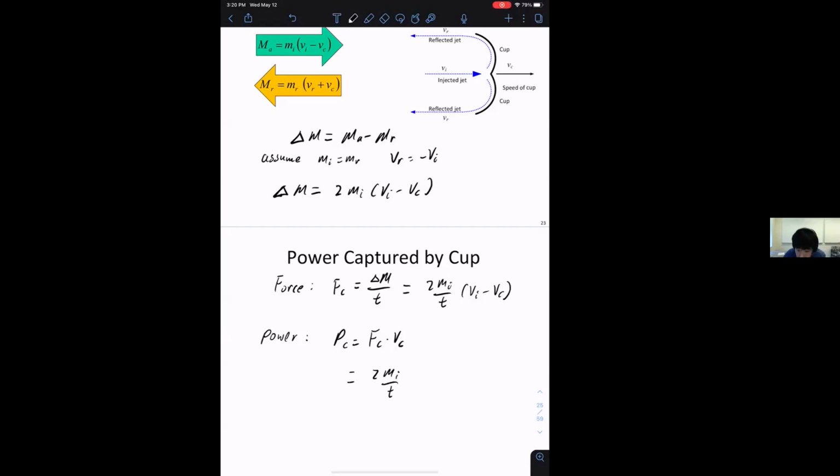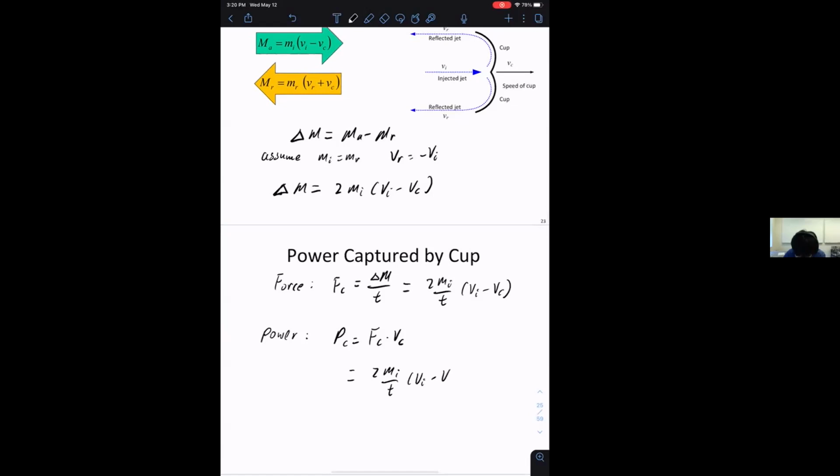2m_i over t, (Vi minus Vc) times Vc, or equivalently, we will write this as 2Q rho (Vi minus Vc) times Vc. Because m_i over t, the mass over time, is equal to the flow rate multiplied by the density of water.